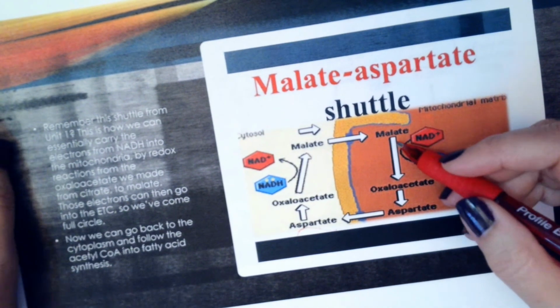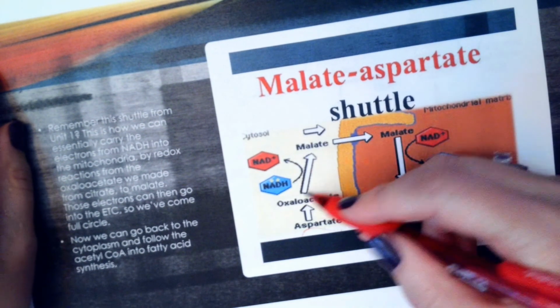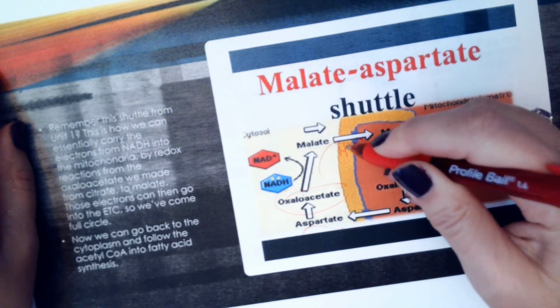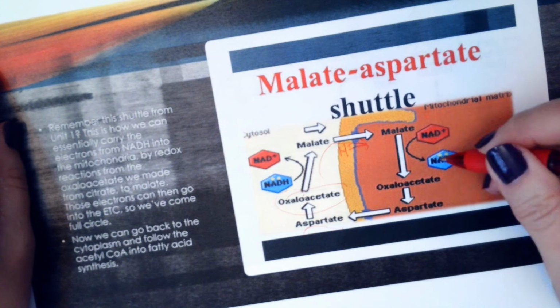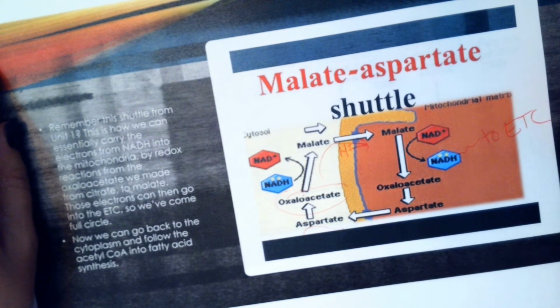We've been making fatty acids for so long. And because of this oxaloacetate being present, we can go ahead and take that hydrogen into the mitochondria, and then we can remove it again. Now we have the hydrogen going off to the electron transport chain, making energy.